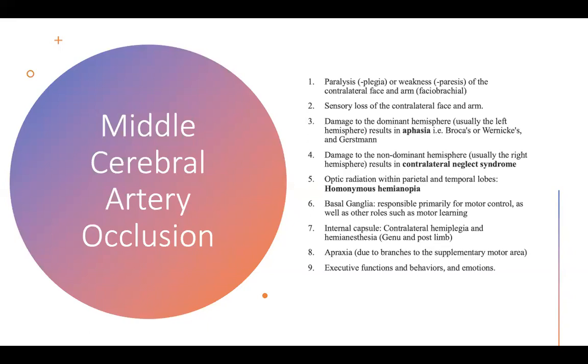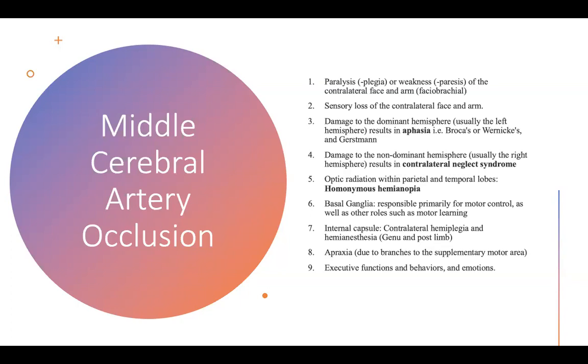Of course, handedness is one way of knowing which side is dominant, but it's not always very accurate. But it's the most commonly used way. If a person is left-handed, it's the opposite, so the person will have right-sided dominance, and the right hemisphere will be dominant over the left. So a right language area infarct will give aphasia, and a left infarct will give you hemi-neglect syndrome. Okay, this is what we mean by dominance.